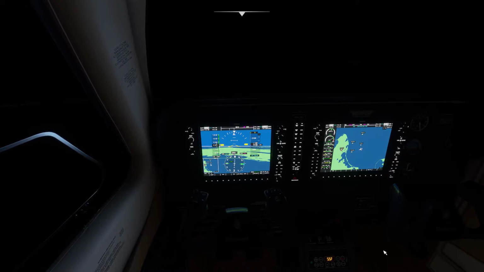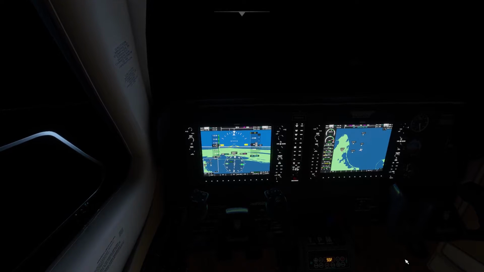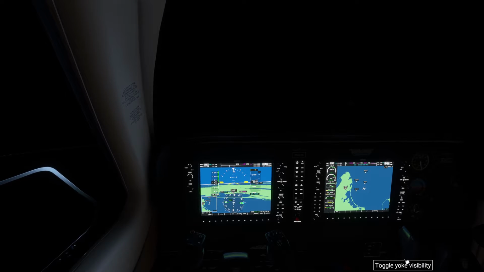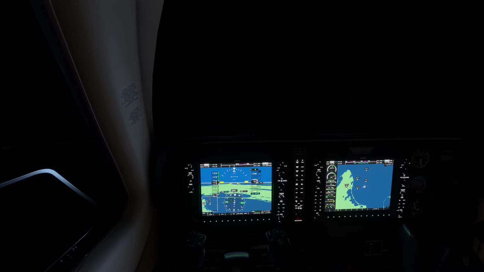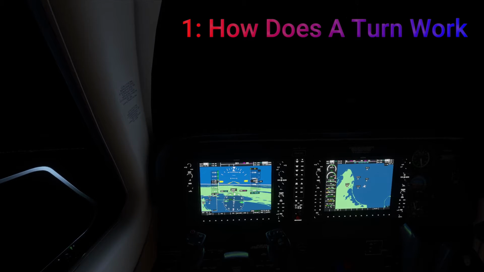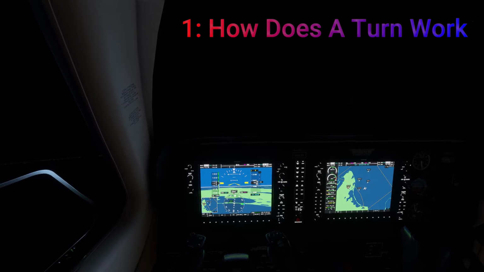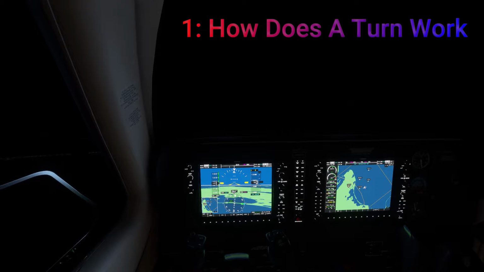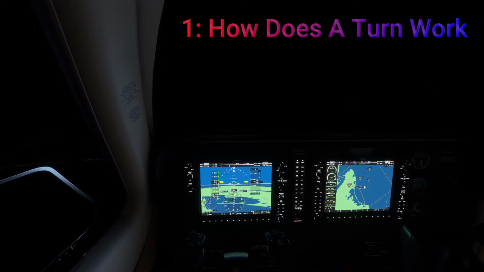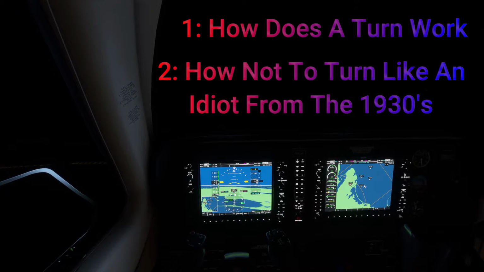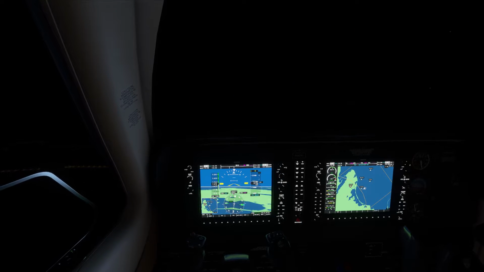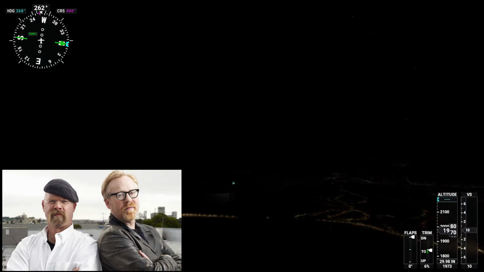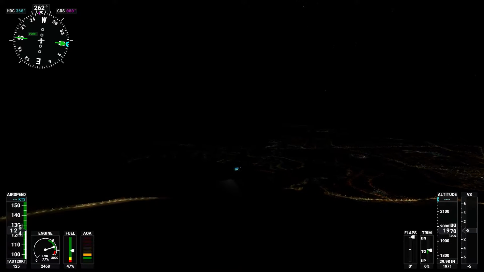So again, assuming you've all correctly guessed how to initiate a turn in an airplane, I'm going to spend this episode mostly explaining two things. What is actually causing the airplane to turn once you've inputted the proper controls, and once you understand all the moving pieces of a turn, how to turn correctly or at least better, and also dispel some myths that may or may not still be out there.